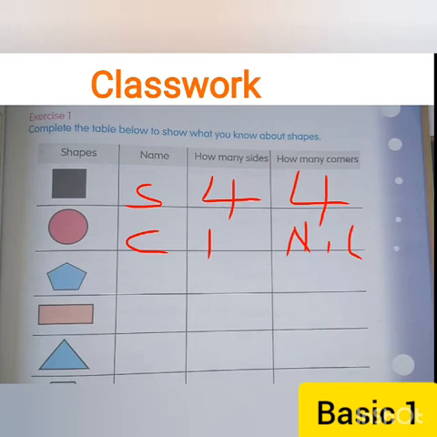The next shape there is a pentagon. We'll use P to denote pentagon, and it is spelled P-E-N-T-A-G-O-N. Pentagon.